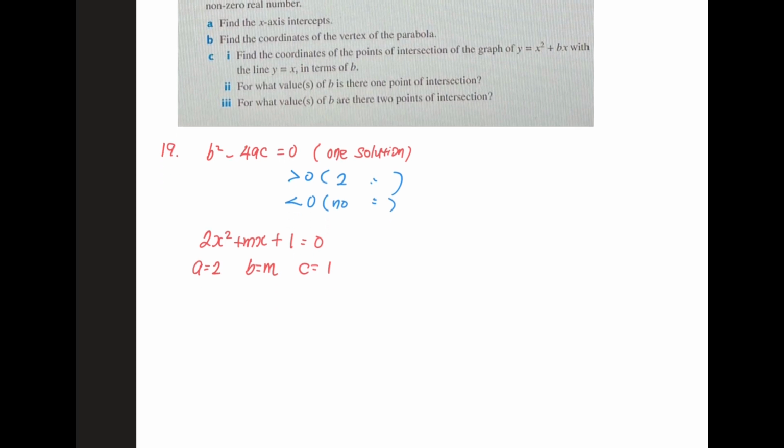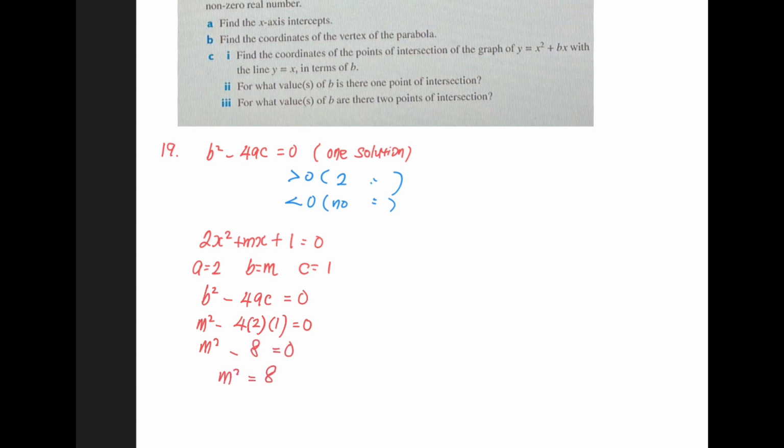And we put everything into this formula, b squared minus 4ac equal to 0. So we will get, let me write down first, b squared minus 4ac equal to 0. And then m squared minus 4 times 2 times 1 equal to 0.